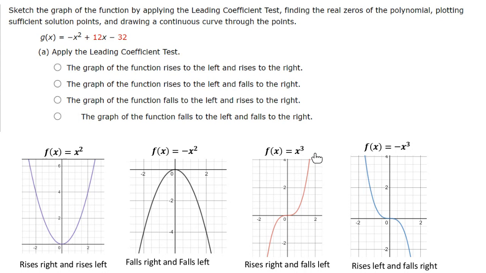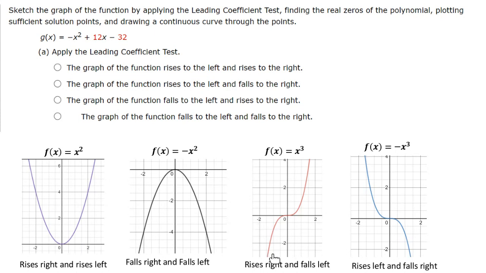These are the definitions for a cube. If my leading coefficient is positive for a cube function, okay, it rises from the right, but it falls from the left. I always like to think of also the cubes. If my leading coefficient is positive, it's like I'm continuously rising.